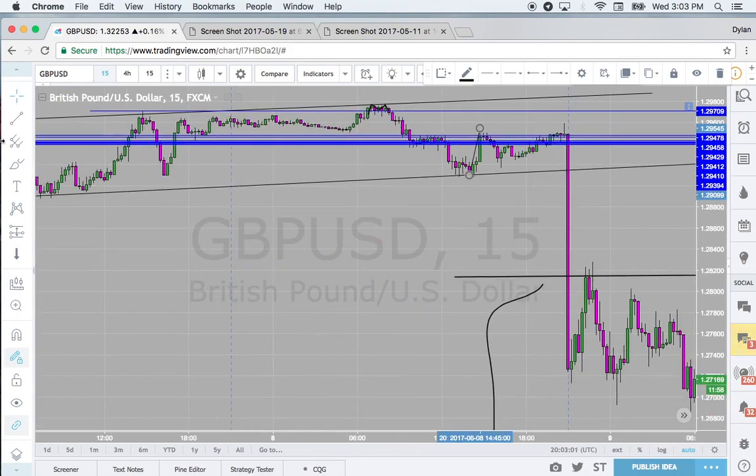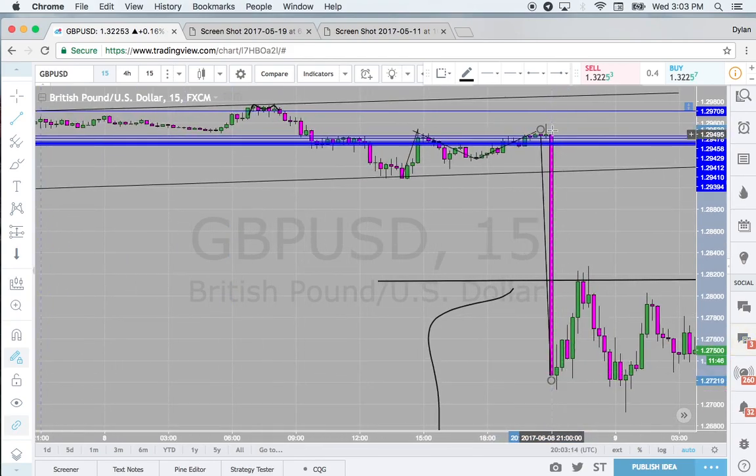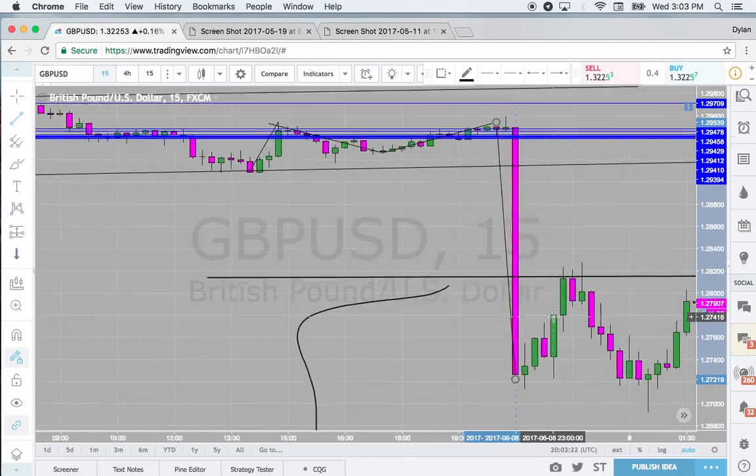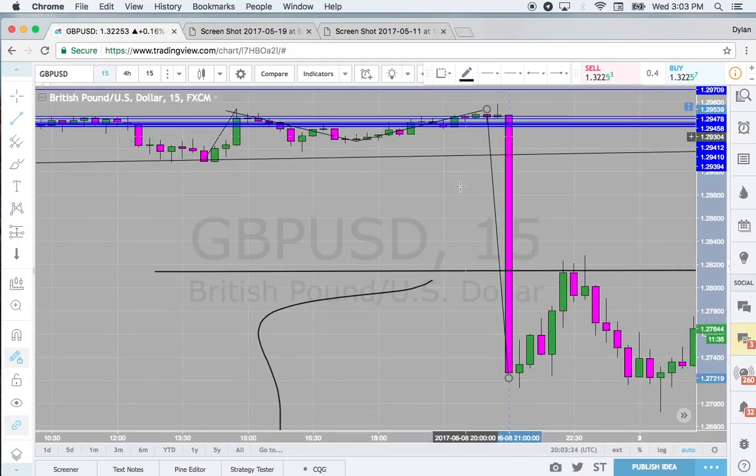And then what you see here is a smaller M was created here, and then at exactly session changeover, this blue line here, the creation of a new day, at exactly that time, GBP USD dropped 200 plus pips in 1 minute.